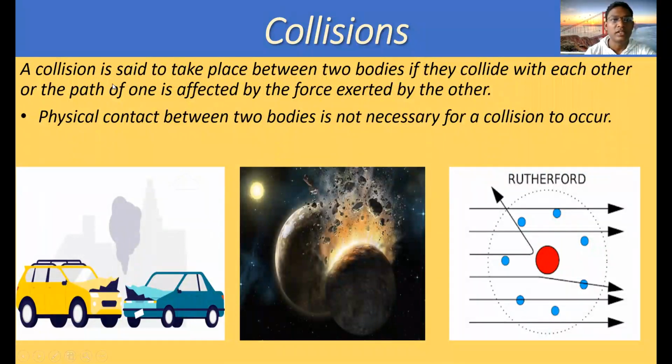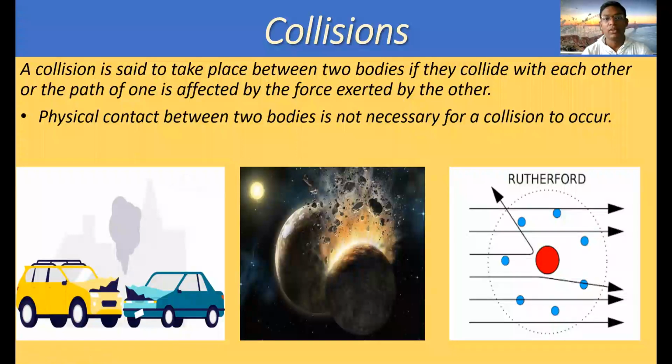A collision is said to take place between two bodies if they collide with each other, or the path of one is affected by the force exerted by the other. See it carefully. The definition goes like this: a collision is said to take place between two bodies if they collide with each other physically, or the path of one is affected by the force exerted by the other.